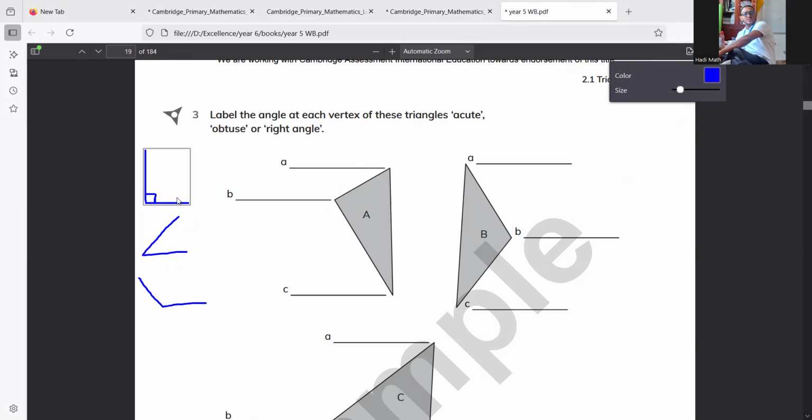So this is a right angle, this is an acute angle, and this is an obtuse angle.